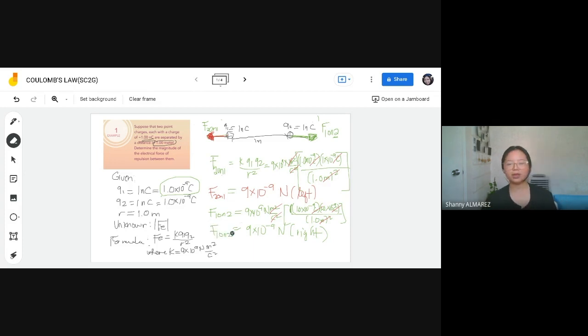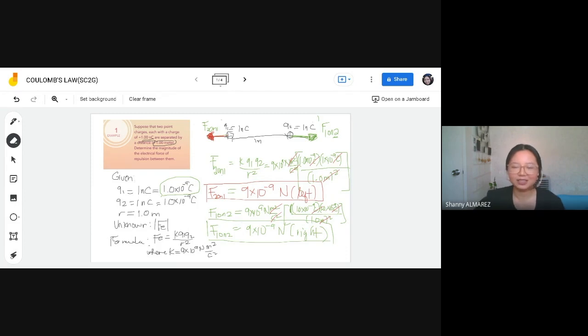What can you say about the values of F2 on 1 and F1 on 2? What generalization can we give regarding this value and this value? Ano masasabi niyo dyan? They are, sige, fast talk. They are equal or not equal?